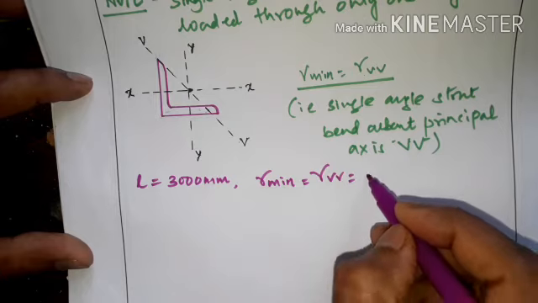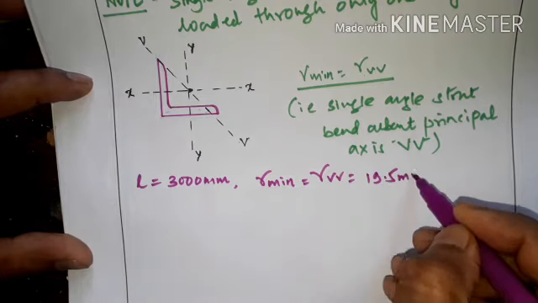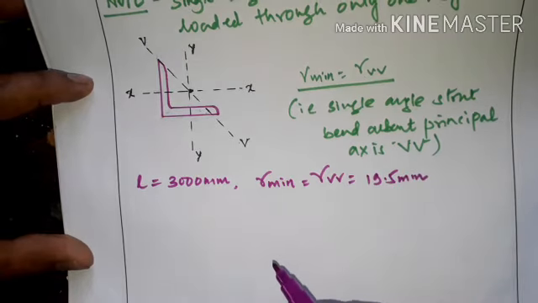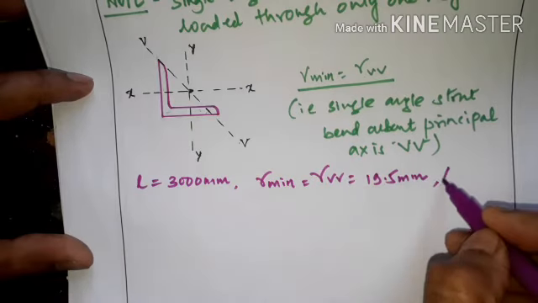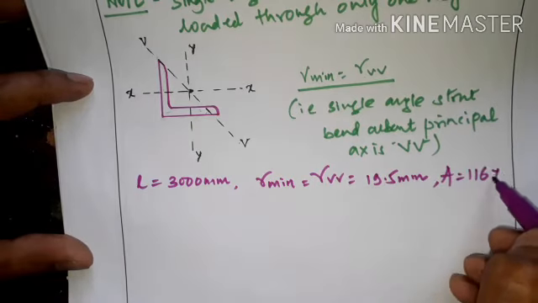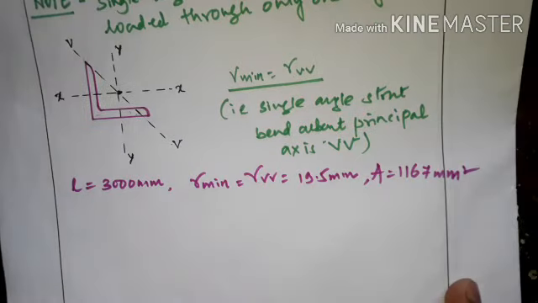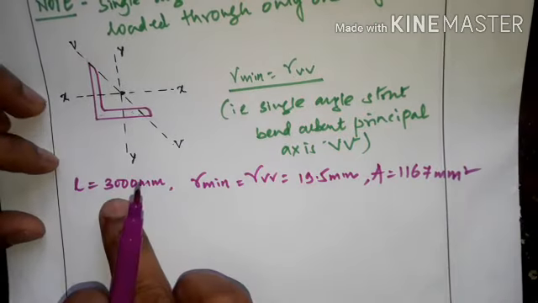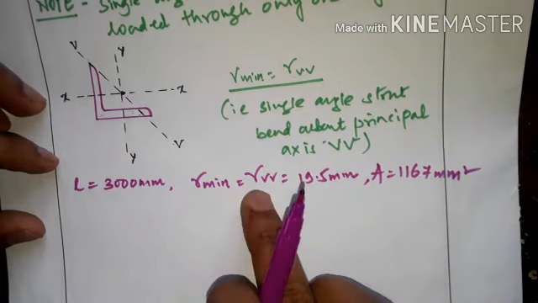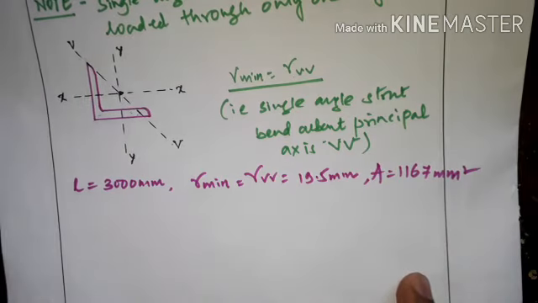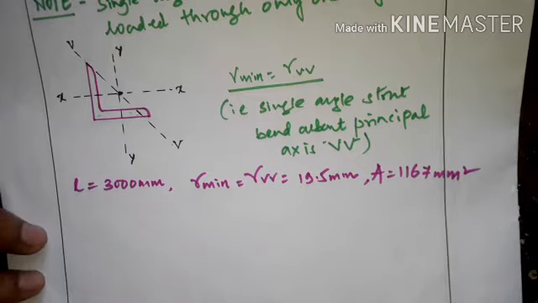That is 19.5 mm. Then the area is 1167 mm square. So L is 3 meters, that is 3000 mm, and r minimum and area you will get from the steel table. If you want, I will show you.